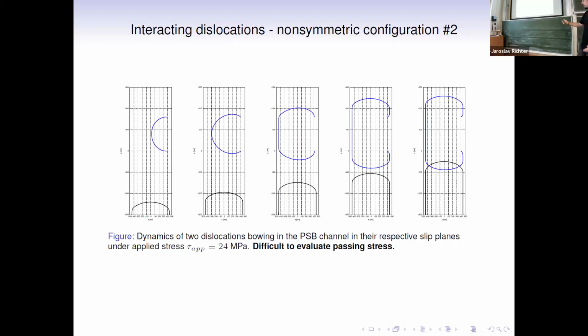Another case is here, a very similar case, but here at least it looks a little bit better, because the longer the PSB channel is, the bigger the chance for the dislocation which bows out of the channel to create some symmetrical configuration like this.